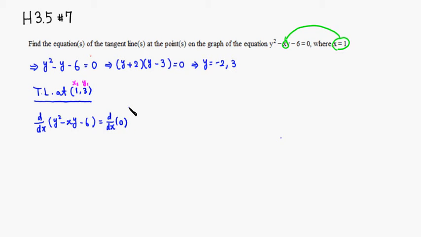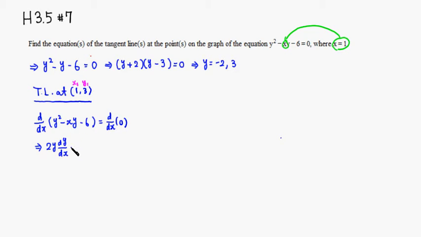The derivative of y squared is the regular derivative, 2y, but since we are differentiating with respect to a different variable, we multiply by dy over dx. This is the chain rule.